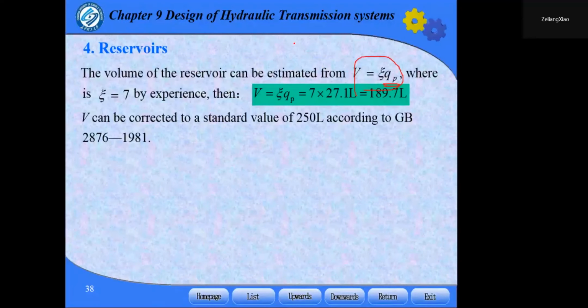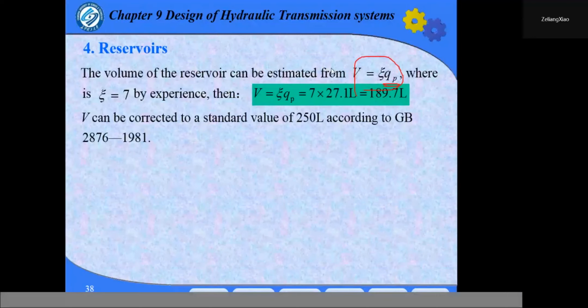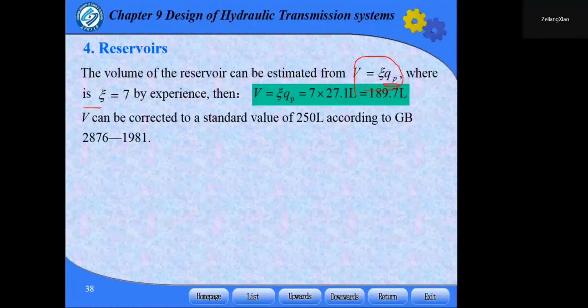The value can be corrected to a standard value of 250. This is the standard.